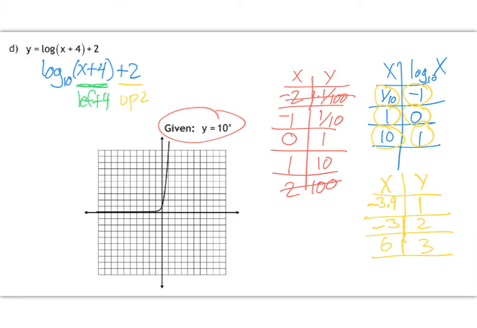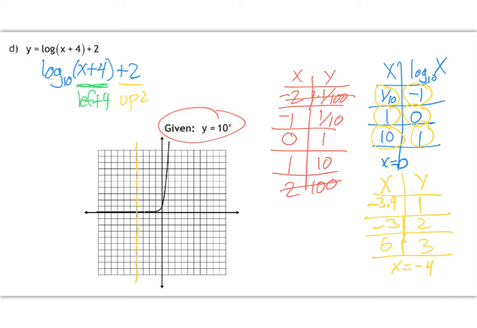We would normally have, sorry, I forgot to do the asymptotes, an asymptote at x equals 0. That's going to go left 4 as well, and my new asymptote would be at x equals -4. Let's draw that first. So 1, 2, 3, 4. Then we've got the point -3.9, 1.